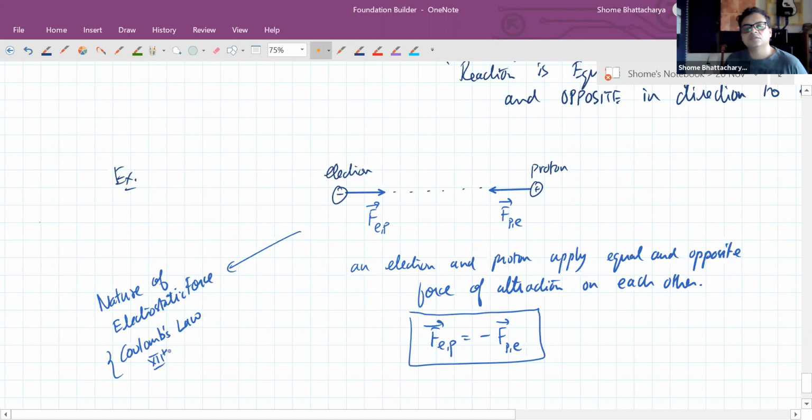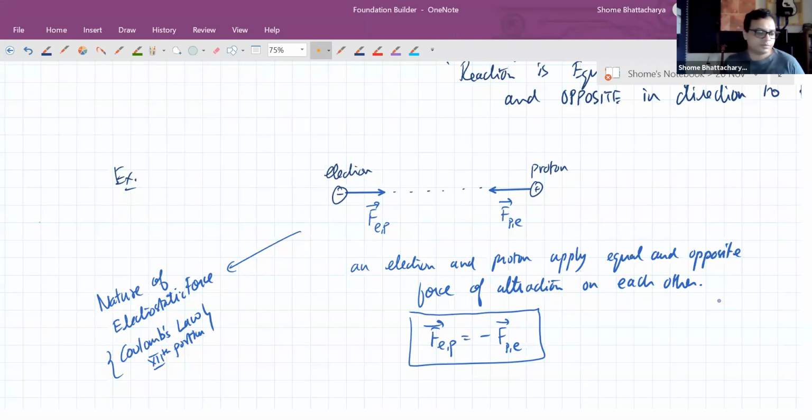This is part of class 12 portion. But you can understand this aspect of Coulomb's law, that the attraction force applied by one particle on the other will be equal and opposite to the attraction force on the other particle because of the first. And that aspect is nothing but Newton's third law.